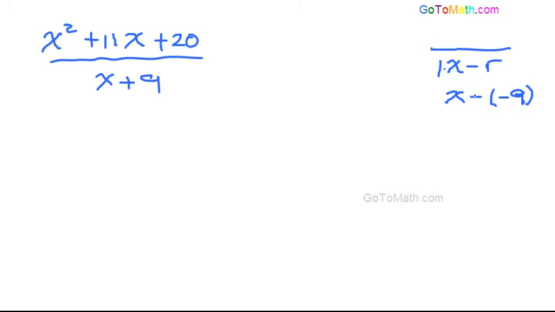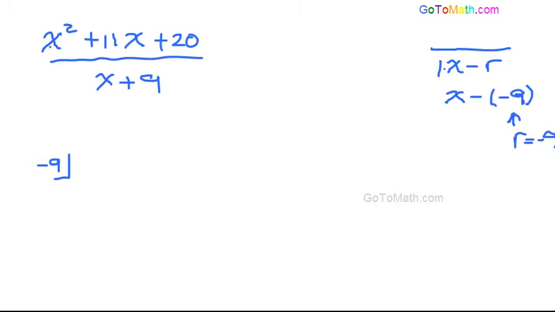You see that? So when we were to simplify this down, we'd end up with x plus 9. So this right here is our r, which is negative 9. So what you want to do is put negative 9 right here, okay? And we do something like that.